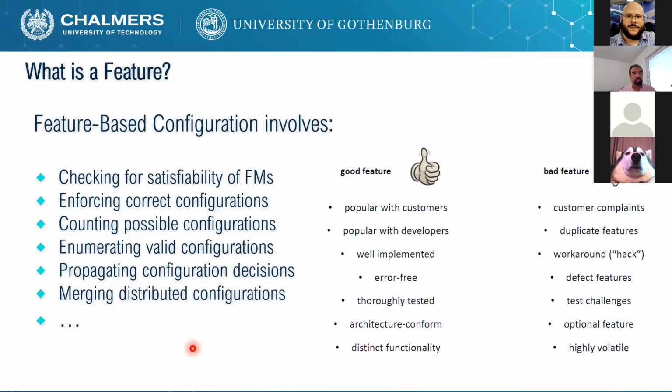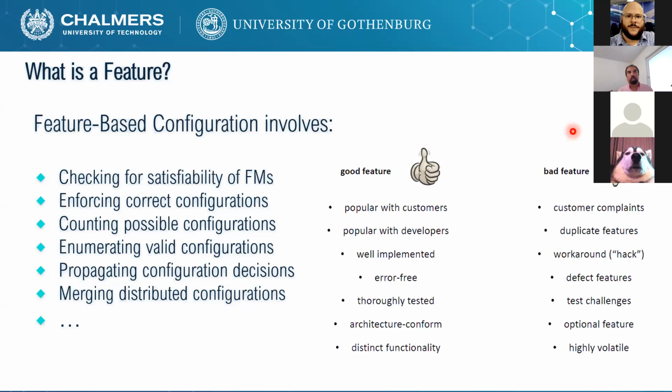Propagating configuration decisions, then you need to be able to take these configuration decisions and show the workflow of how you're gonna then move from one stage to the other till you show the stakeholders the end product and how it looks. And merging distributed configurations, sometimes you need to merge some configurations into one or the opposite.